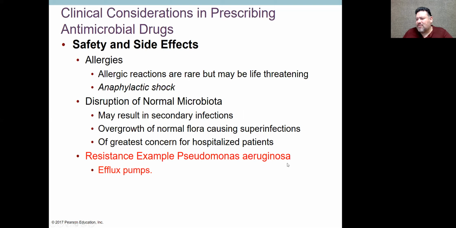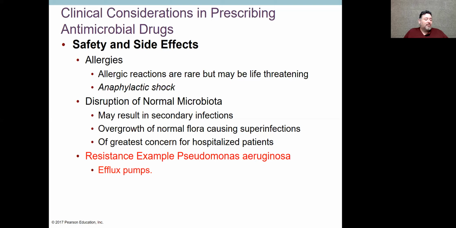Pseudomonas aeruginosa is an opportunistic infection of burn victims. And you can tell when it's taking place because the purulent disposition on the surface of the burn victim becomes green, and that greenish color is the pyocyanin, the dye being released by the Pseudomonas aeruginosa.